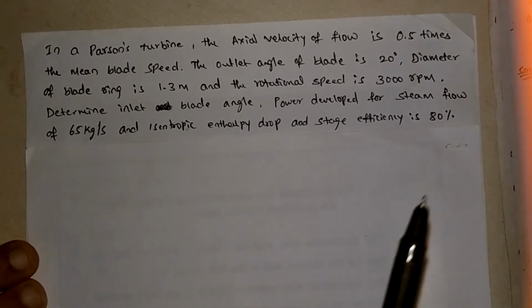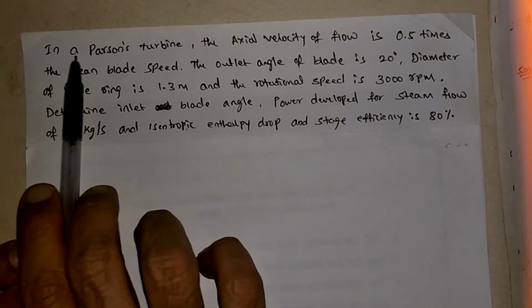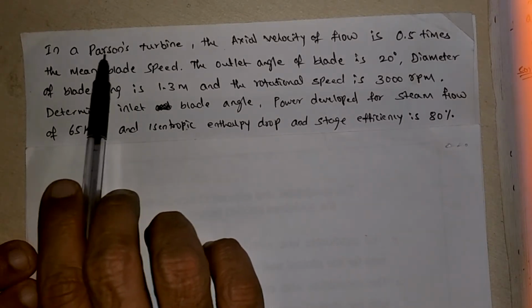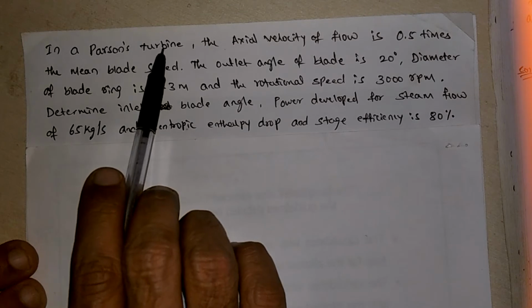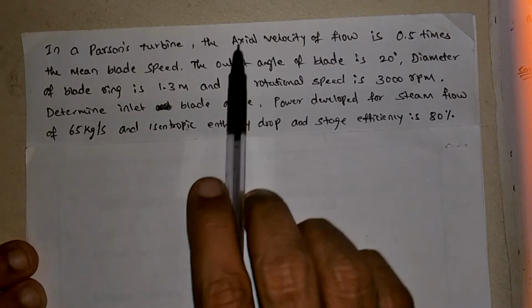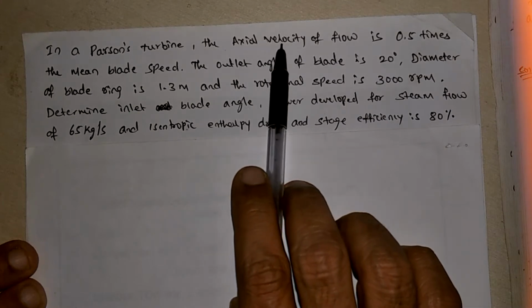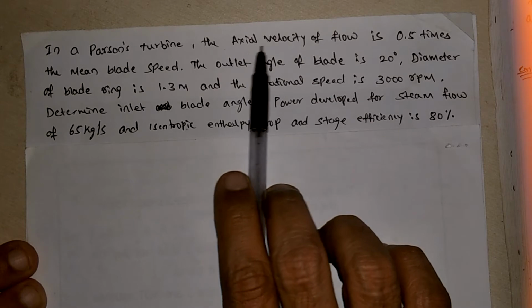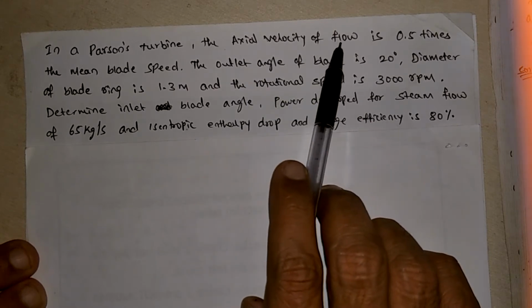First we'll extract the given data. So the type of turbine is a 50% reaction turbine, that is Parsons turbine. Parsons turbine is also called a 50% reaction turbine or 0.5 reaction turbine. Here the axial velocity of the flow is nothing but Vf, right?